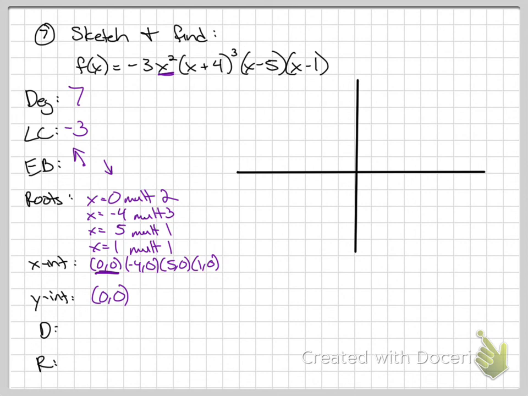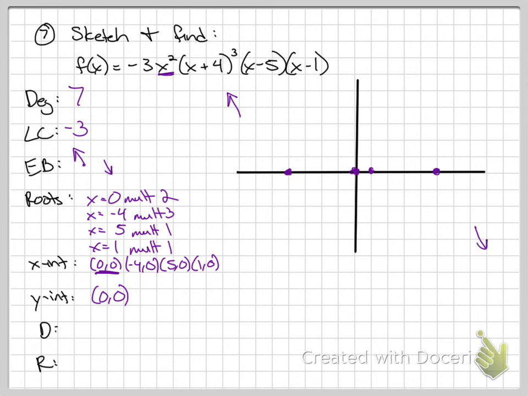Plot your points. 0, negative 4, 1, and 5. Arrows. Okay, remember they're not in order.